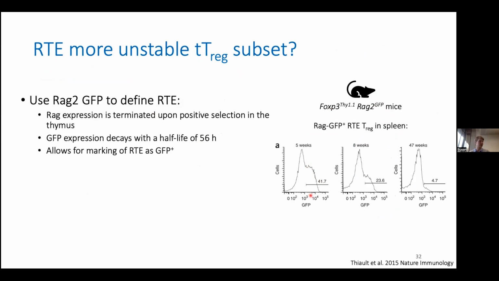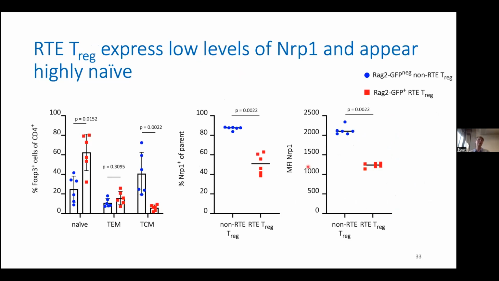In the interest of time, I'm not going to explain this in great detail, but by looking at the Treg RTE phenotypically, we see it actually matches with what we've observed with single-cell RNA-seq and with previous transfer experiments.